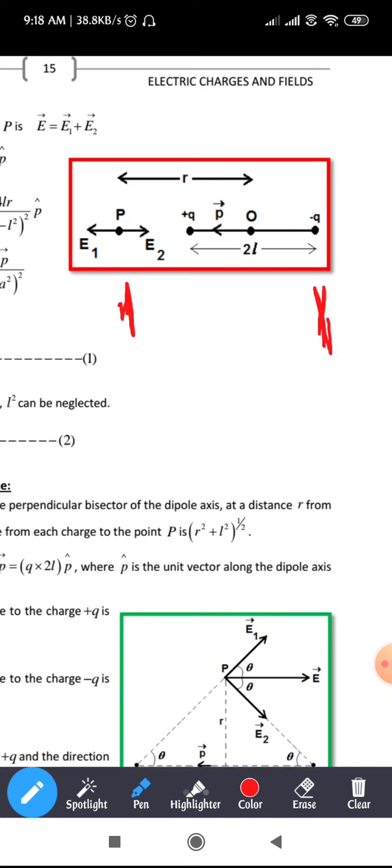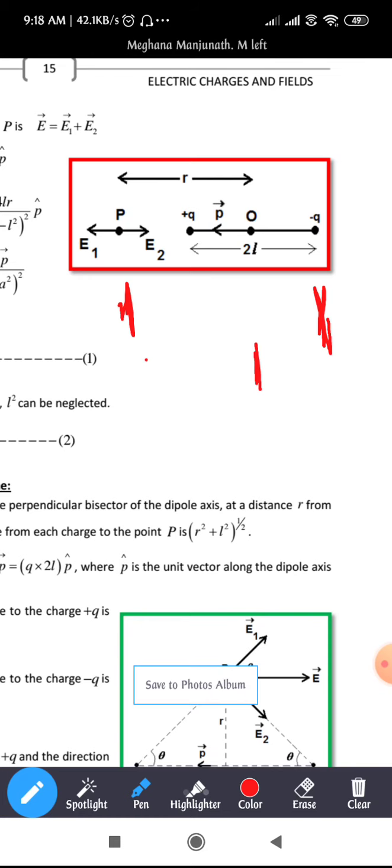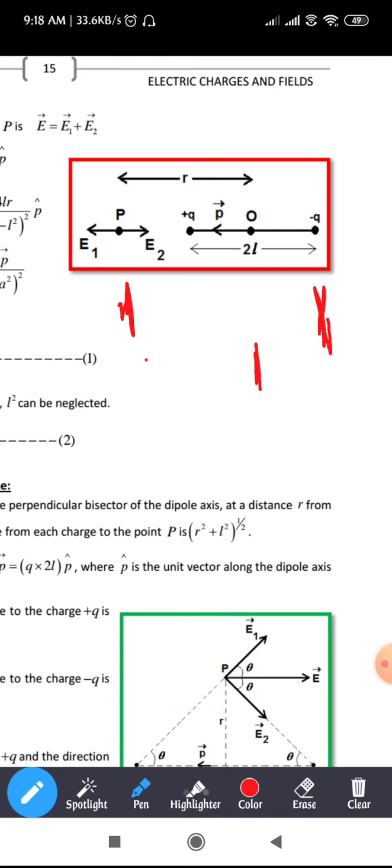As we know, the distance from the center of the dipole to P is r, right? So from here to the center of the dipole, the distance comes out to be r. What is the distance from the center of the dipole to the negative charge? It should be l, right?